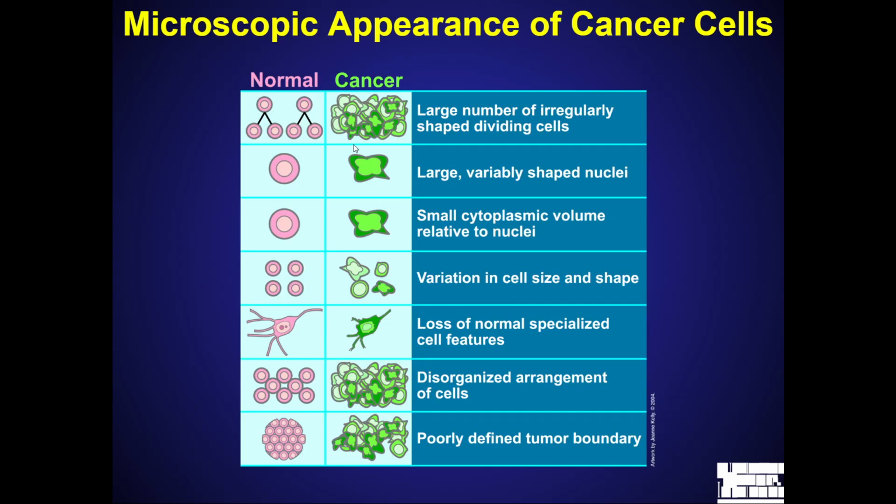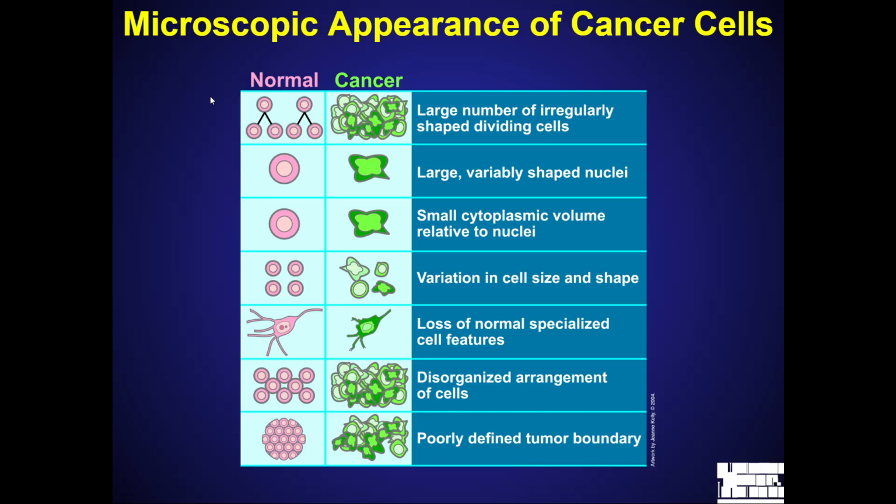Now, cancer cells, how do you tell under a microscope how they look different? Well, normal cells are really uniform. They have one nucleus. Well, most cells have one. What I expect a normal cell to look like is a pattern, uniform, kind of the same shape.